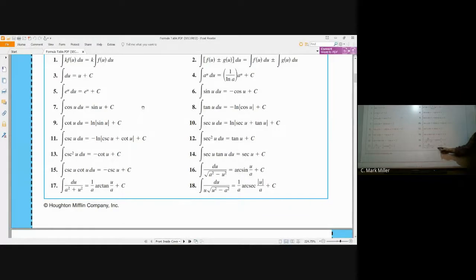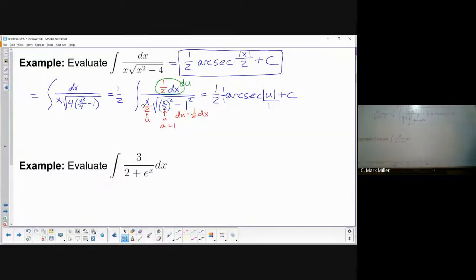A is 1 in what I just did. So I have a 1 over 1, and I have absolute value of u over 1. I know that it equals the same thing without the 1. I want you to remember the form. I understand you don't have to, it's the same without them. But what does that equal? U is x over 2, right? So that's going to equal 1/2 arcsec absolute value of x over 2 plus c.